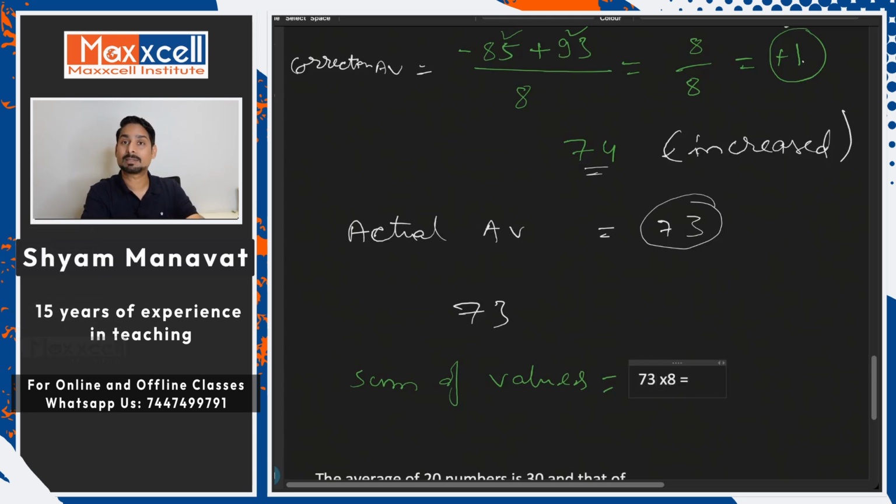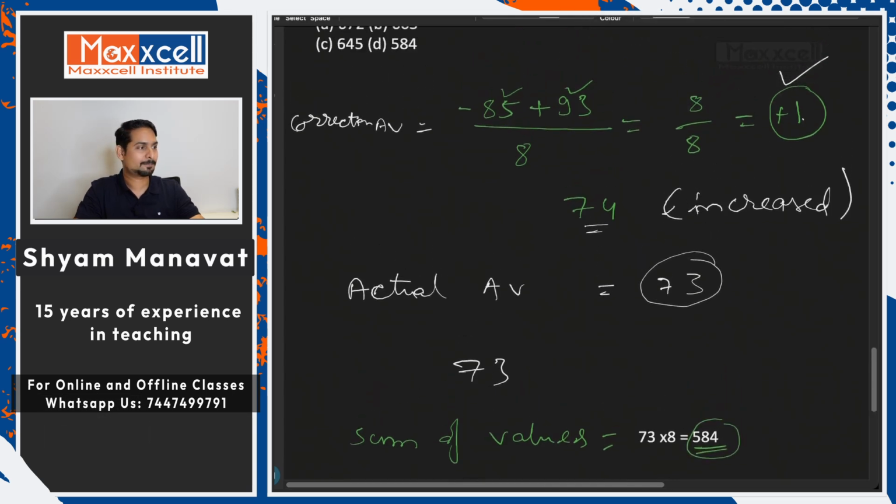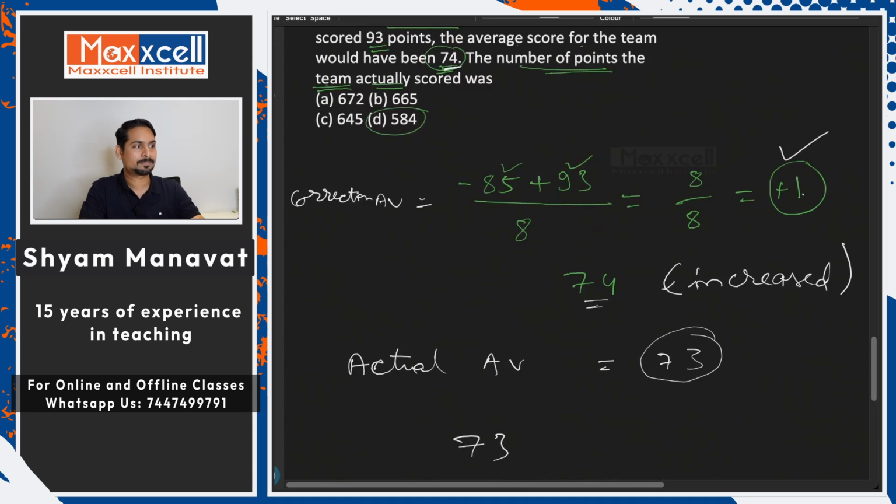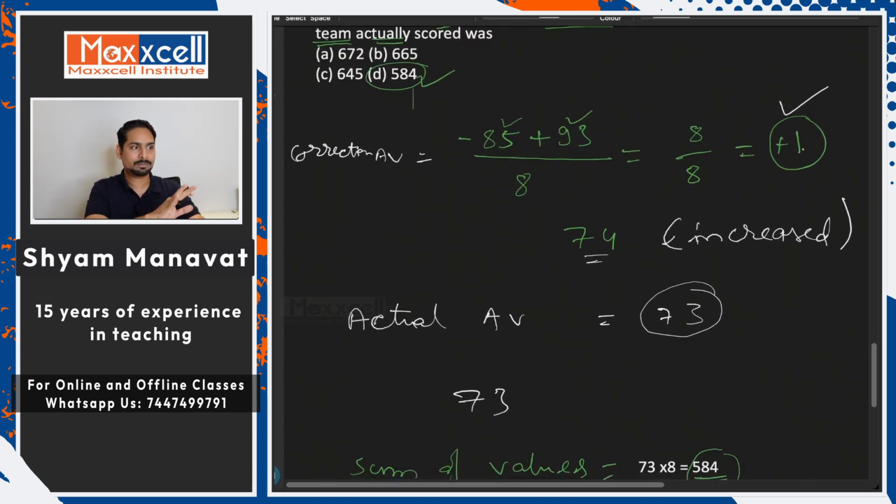The average into the number of values equals the sum of values. 584. 584 is your answer. Are you following this? Did you understand? It's more of understanding and less of calculation.